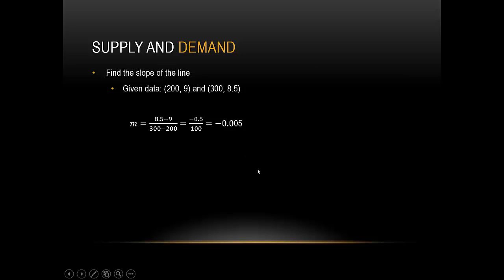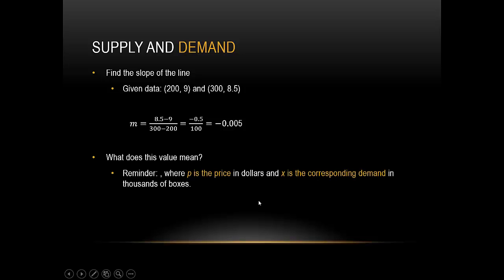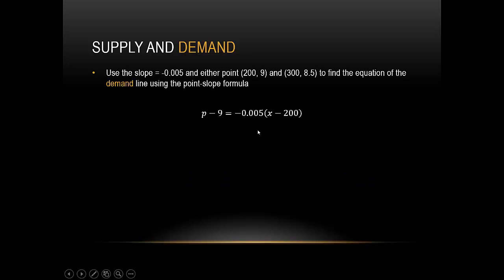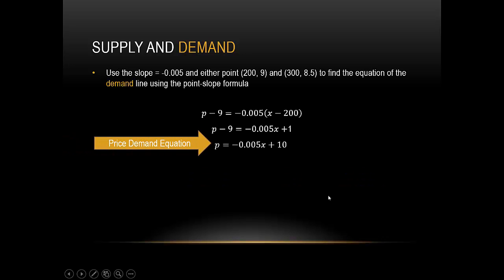As we see, this is negative. So for the demand, there's a decrease. If I look at this, I can see that the price is decreasing per box. I can go through the same steps and find my price-demand equation by plugging in my slope and also plugging in a point.